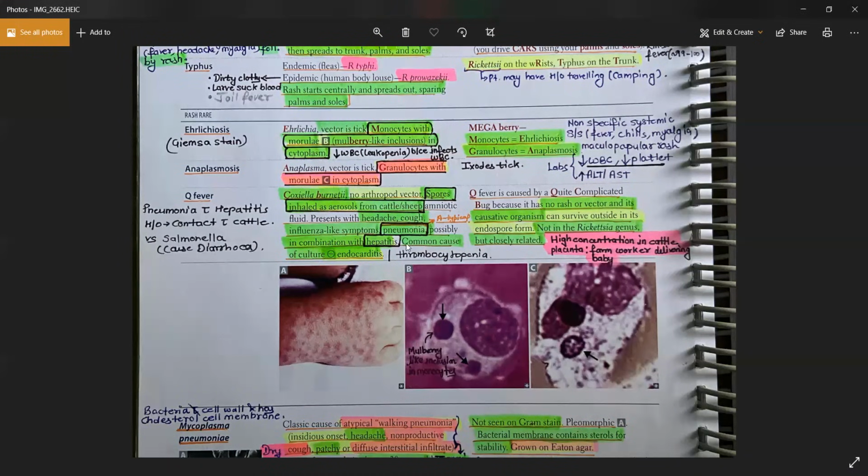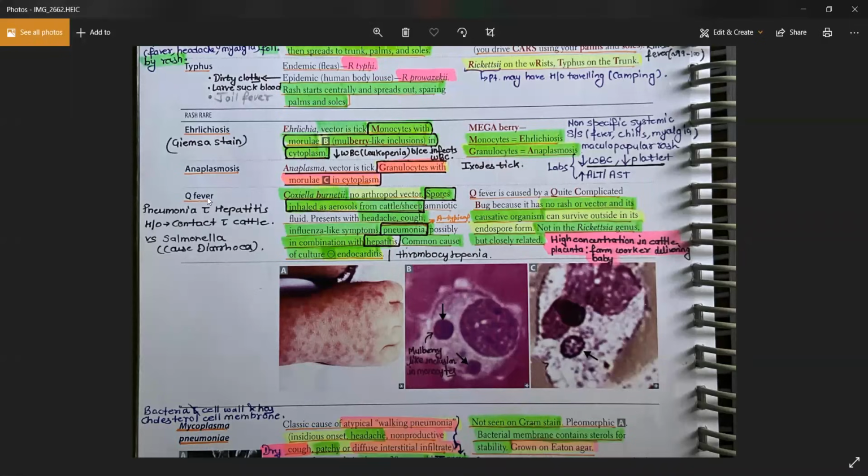So whenever you encounter a patient having pneumonia and liver involvement, you will always think about Q fever. Other than these two diseases, they can also cause endocarditis, the culture negative endocarditis, like I already mentioned. Okay, when you draw the blood cultures for the organism, you won't find any organism, and that's how you know it must be a case of your Q fever.